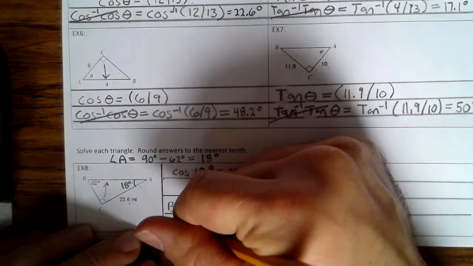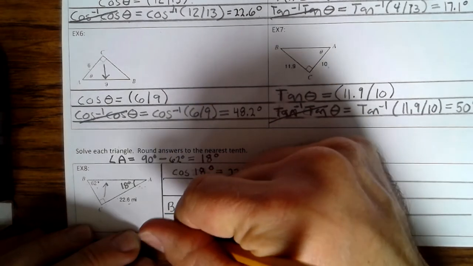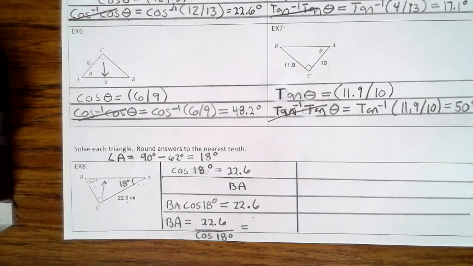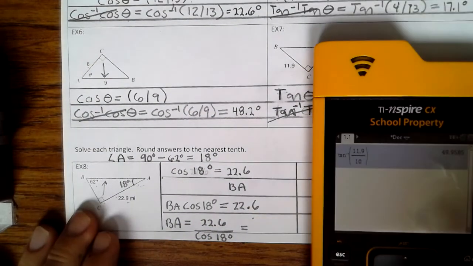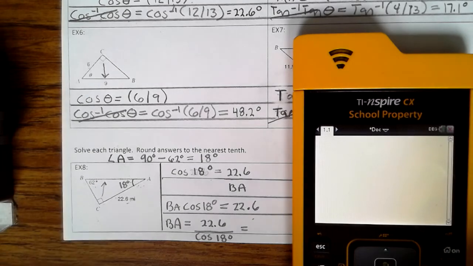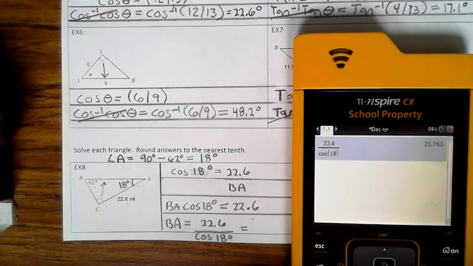Okay, so let's put that in our calculator. So that's control divide 22.6 divided by trig cosine of 18 degrees, which is 23.8.